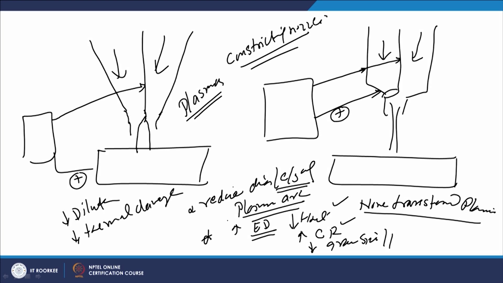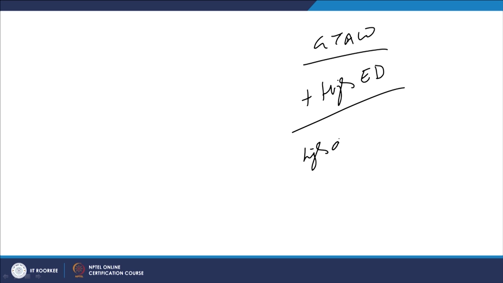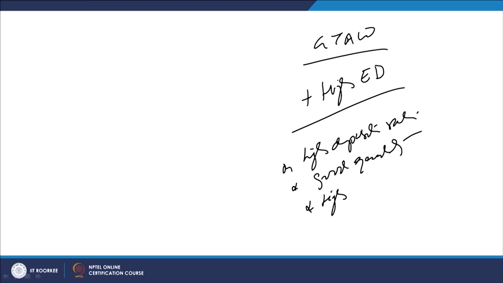Since the plasma arc has all the benefits of GTAW, additionally it offers the advantage of higher energy density, and therefore we find a higher deposition rate and good quality weld surfacing, and a much higher temperature of the plasma zone.